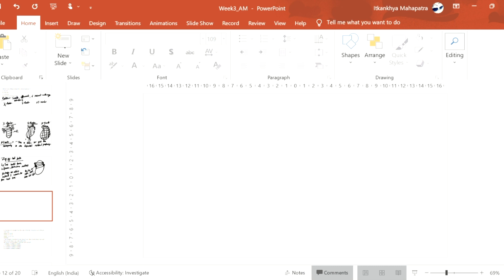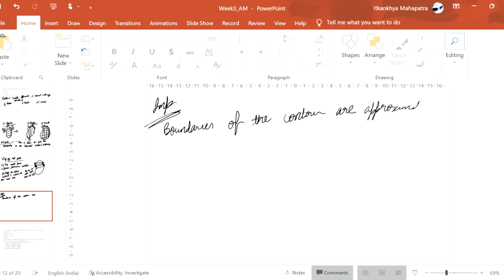This is very important. Boundaries of the contour in this zigzag path are approximated by linear edges.